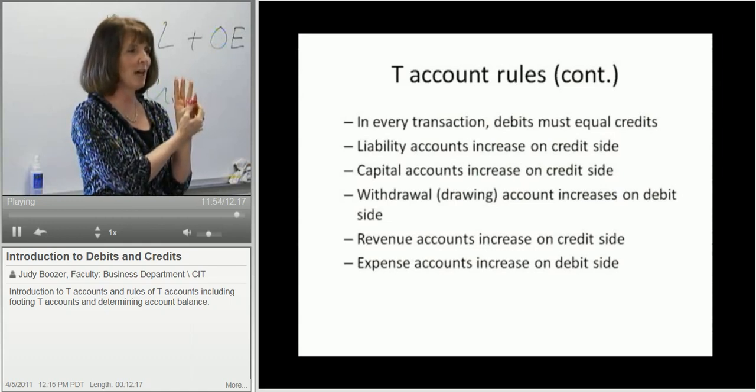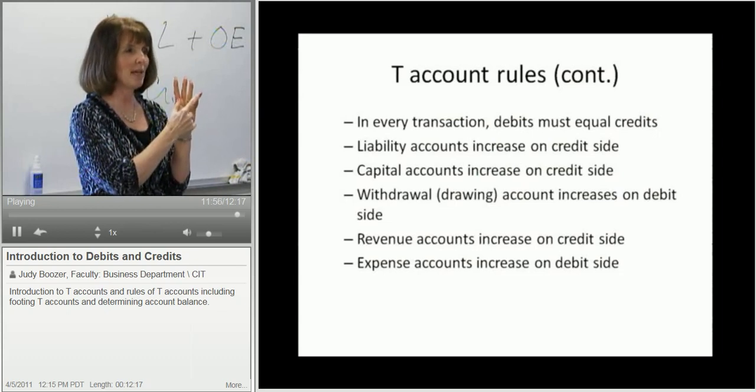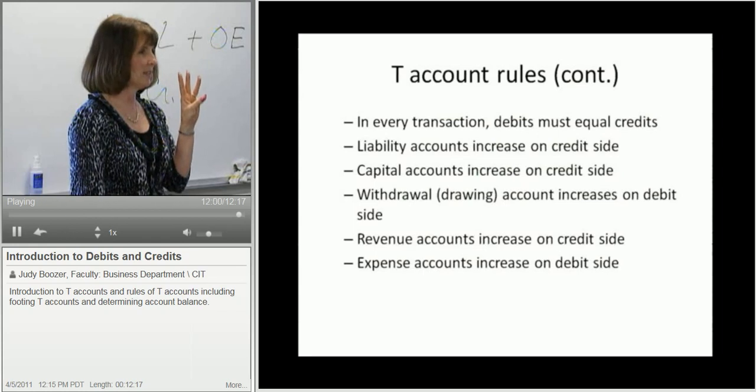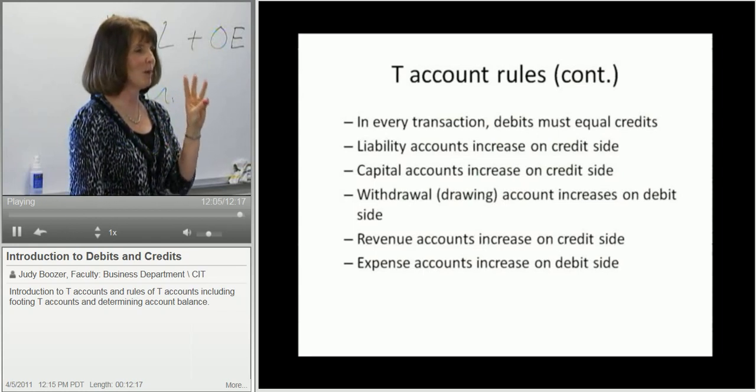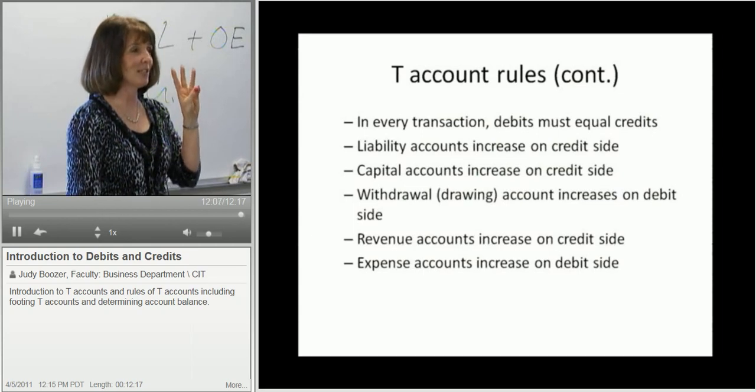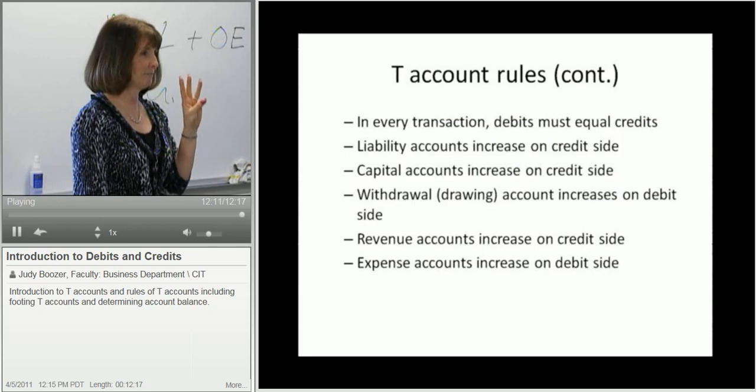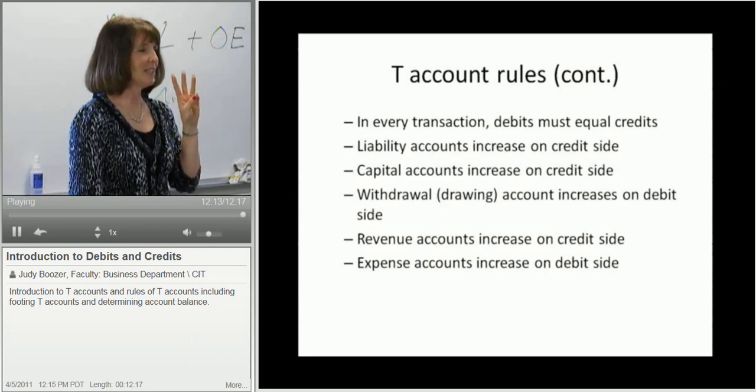Bring these two together. These increase with debits. The rest all increase with credits. Those are what you must memorize. You must memorize and understand them in order to do all transactions. It'll take some time, but we'll get lots of practice doing so.